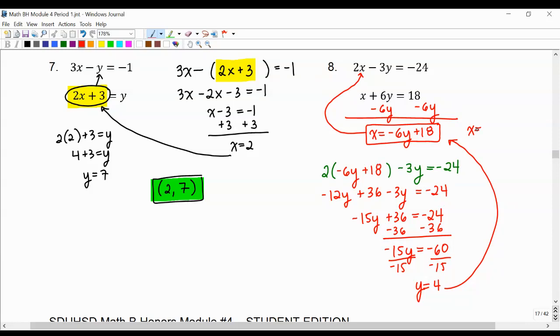And this will give us x. And then we're going to put it together as an ordered pair. And there's our final answer, that these two lines cross at (-6, 4).